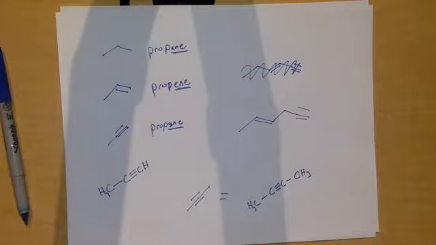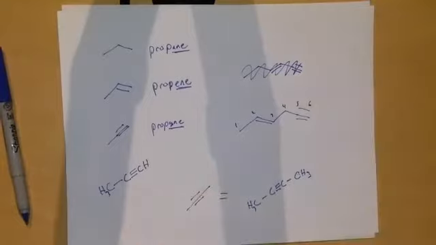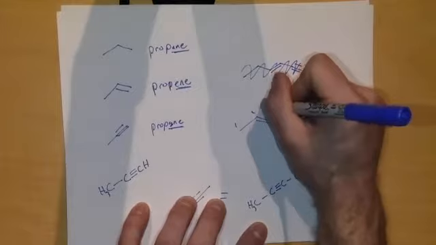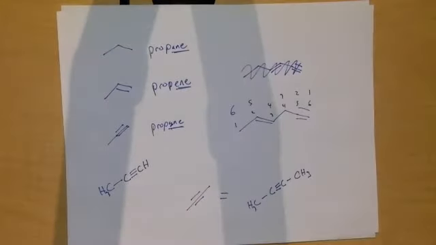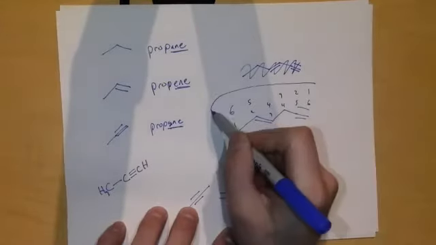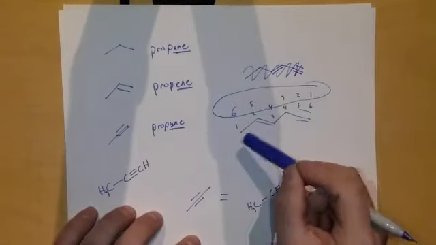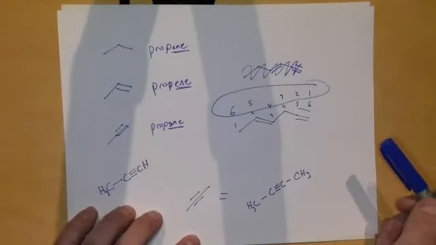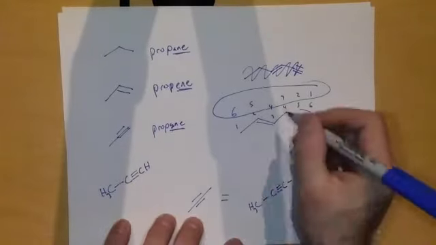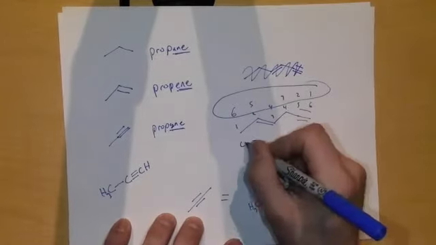If we counted left to right, this would be 1, 2, 3, 4, 5, 6 here. Right to left, 1, 2, 3, 4, 5, 6. We are going to favor our triple bond, so we are going to go with this top here because this gives us the triple bond on 1 versus the triple bond on 5 here. This is an E alkene because it's trans. It starts on 4.